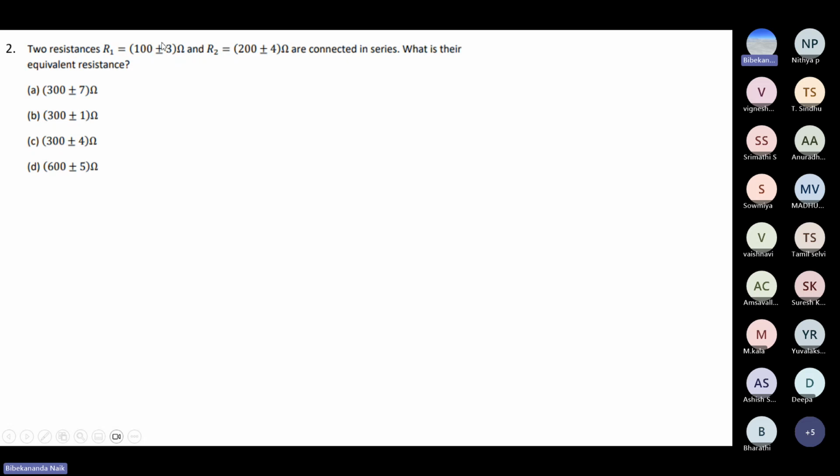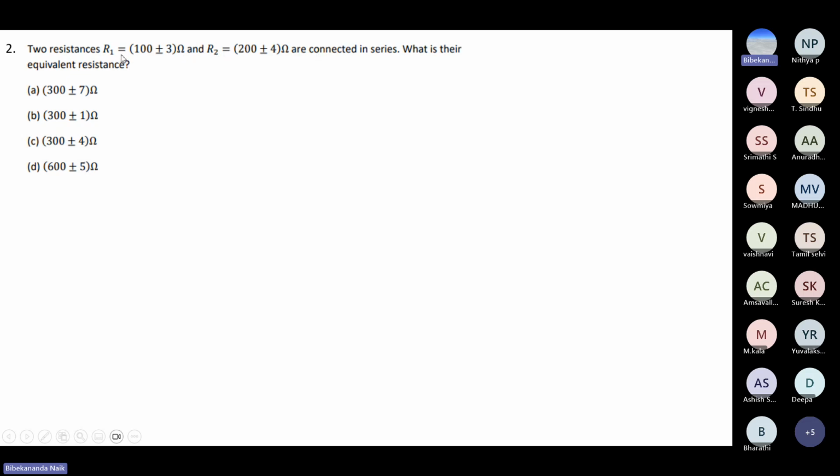So the tolerance is 3.3%, and here 4 divided by 200 will be 2 by 100, so here the tolerance is 2%. From that tolerance, from the color of the fourth band or fifth band, we can calculate what will be the variation in its resistance. So these are denoted as 100 plus minus 3 ohm and 200 plus minus 4 ohm.